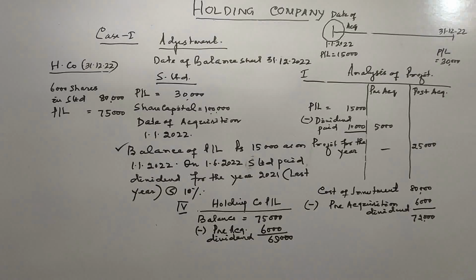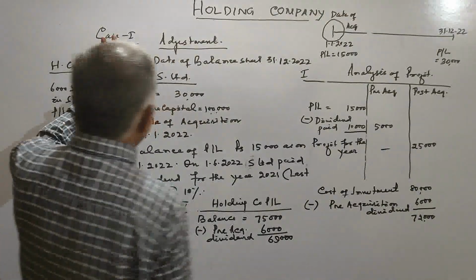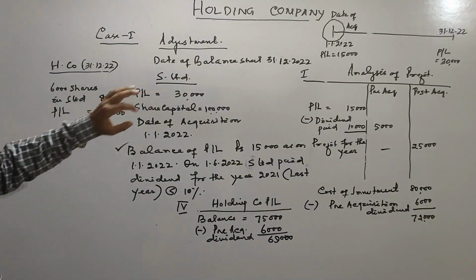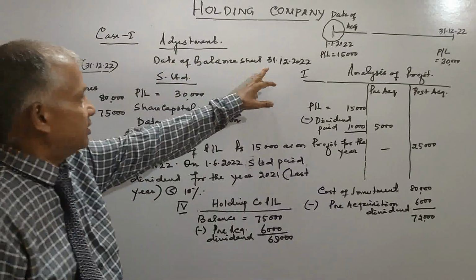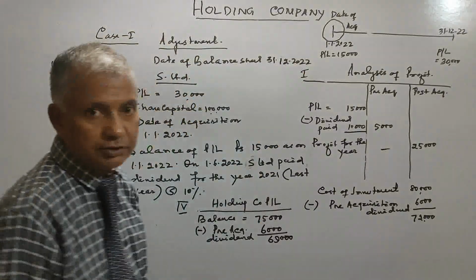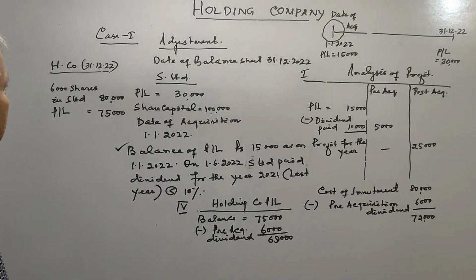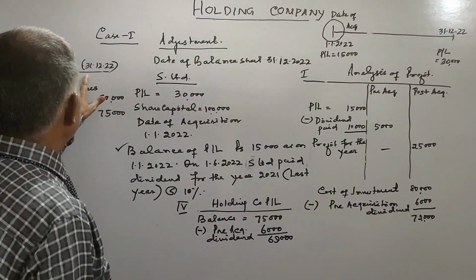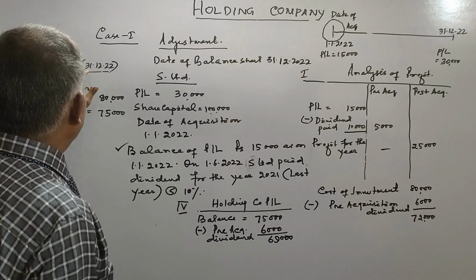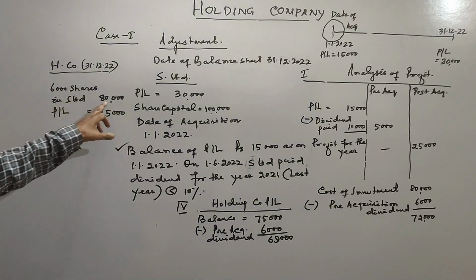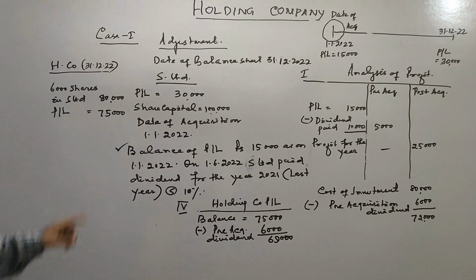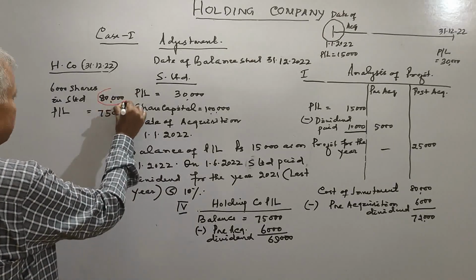Now let us come to an adjustment here. So this is your case 1 adjustment, and let us take the date of balance sheet as 31/12/2022. This is the position of the holding company on 31/12/22: 6,000 shares in subsidiary. Cost of investment is 80,000.